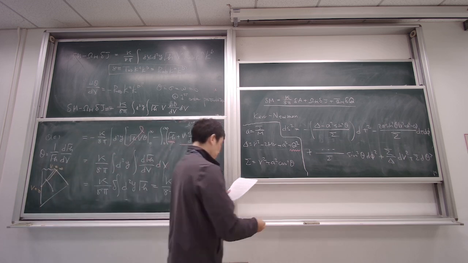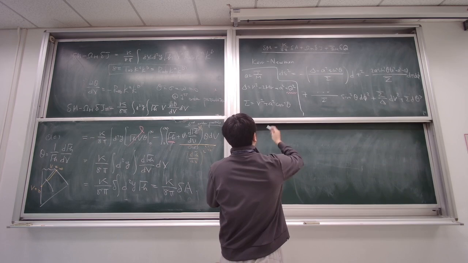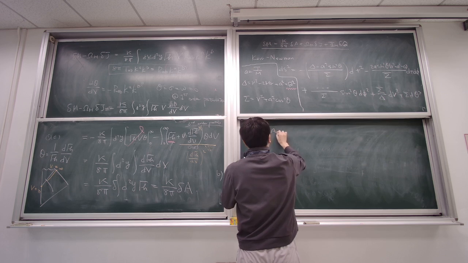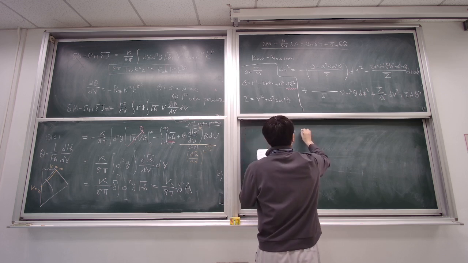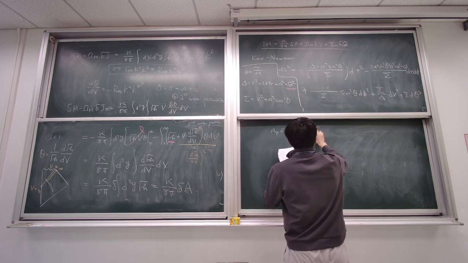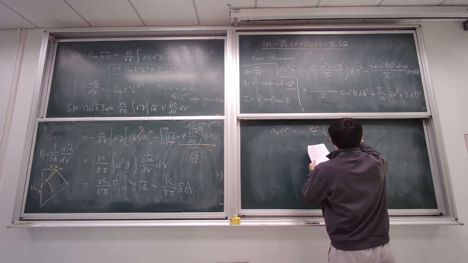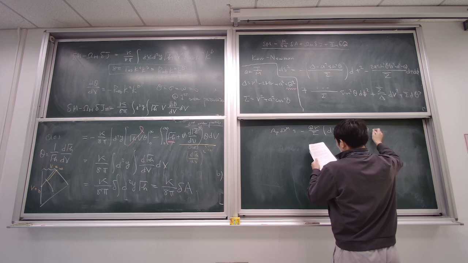Also, the gauge field is there. The gauge field is A_mu dx^mu, which is minus Q r over sigma times (dt minus a sine squared theta d phi).